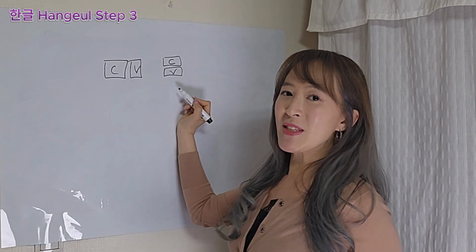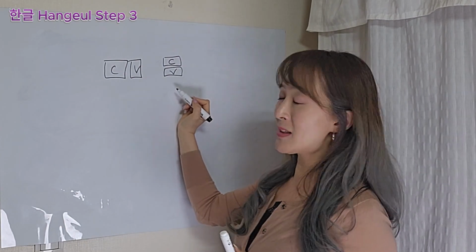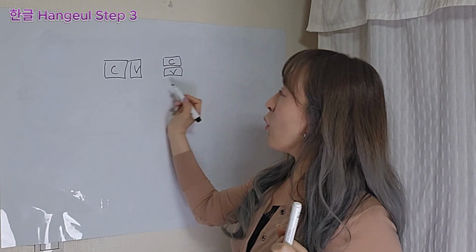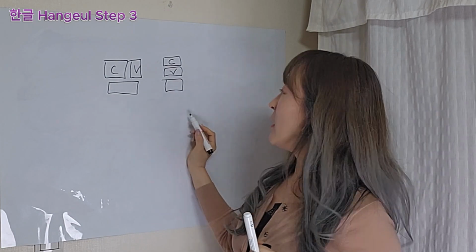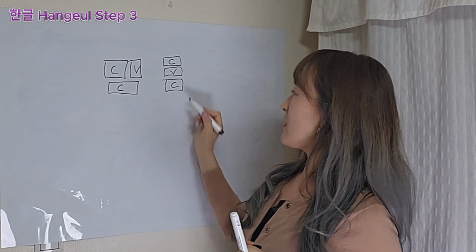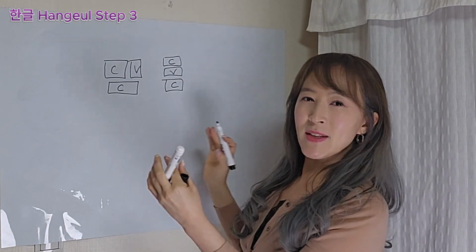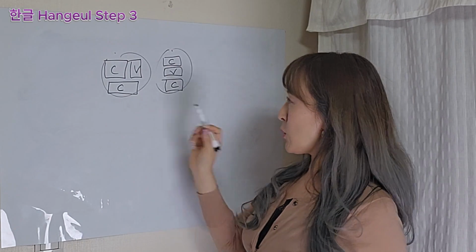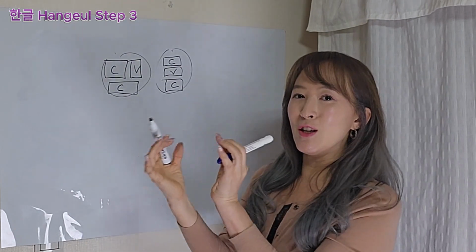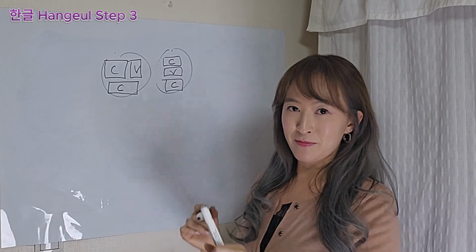But now we will just add one more consonant, which is 받침, the final consonant, and they go here or here. So it's another consonant like this, right? So it means we have 4 different types of boxes, 1, 2, 3, and 4, right? So we will look at the final combination of Korean words.